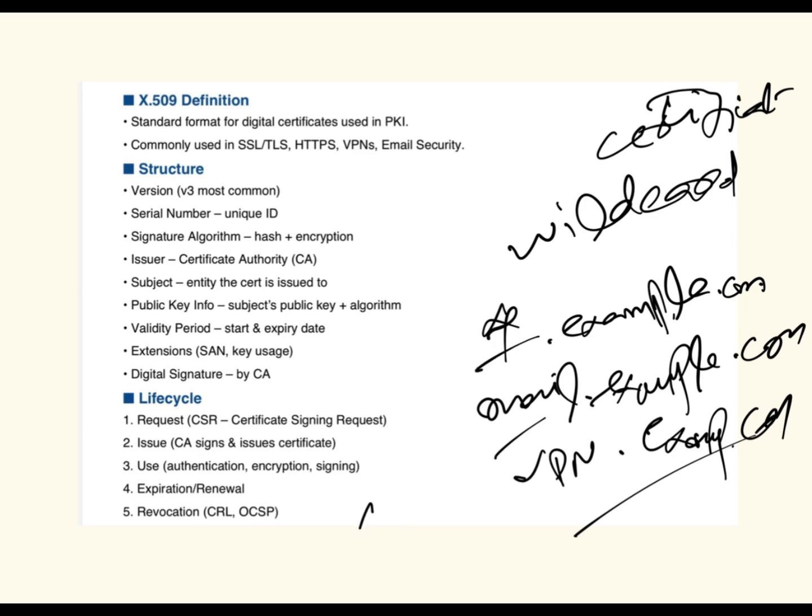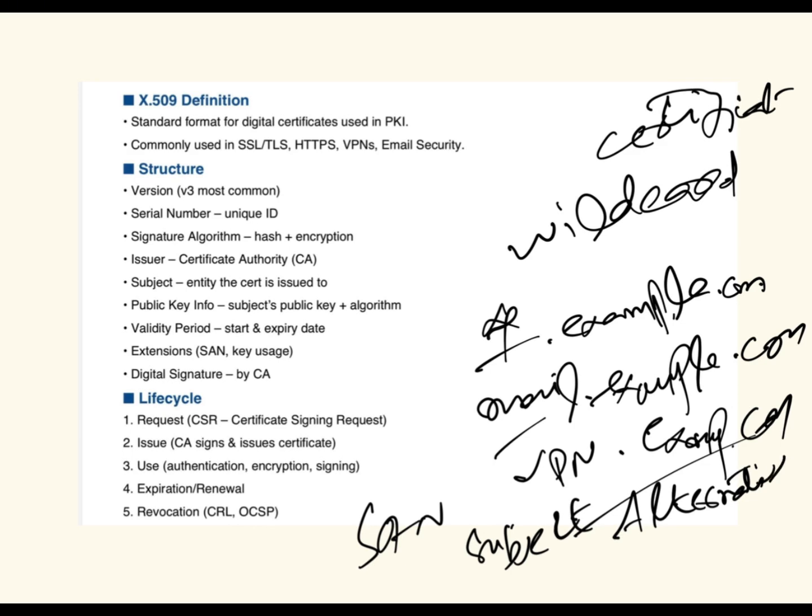If we say SAN, subject alternative name, it can secure multiple different domains, for example example.com, example.org, example.net, multiple domain names in one set.